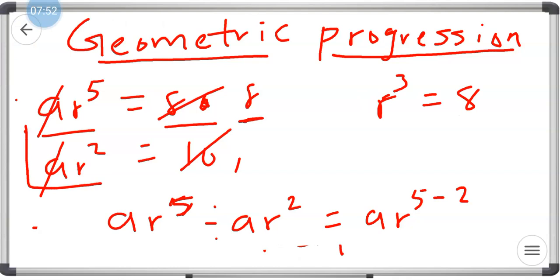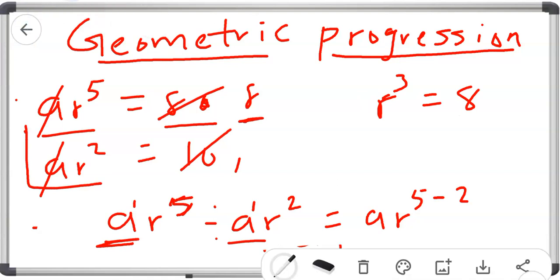Here a has power 1 in both, so a raised to power 1 minus 1 is a raised to power 0, and anything raised to power 0 is 1. So we won't be having a here again.